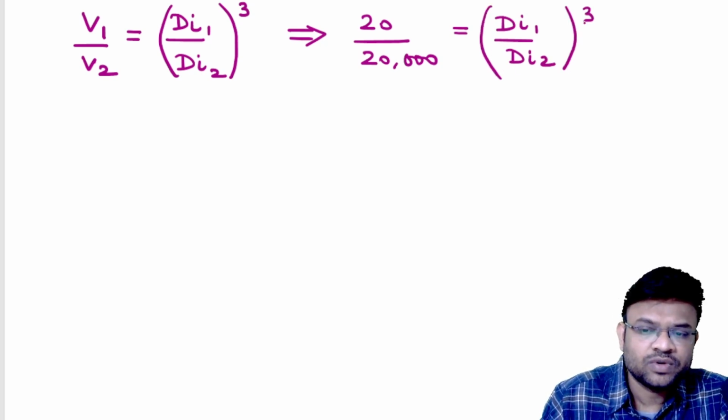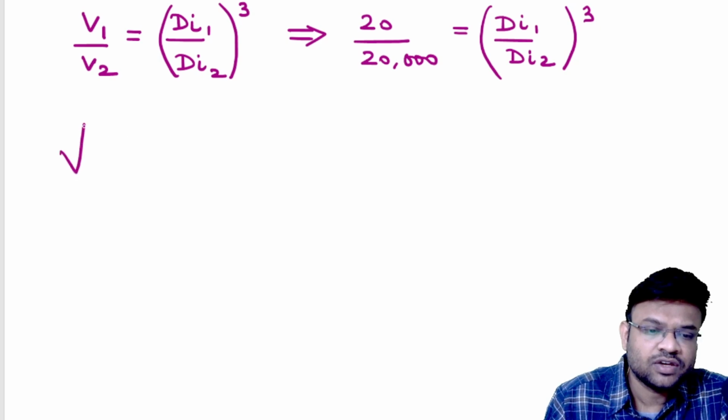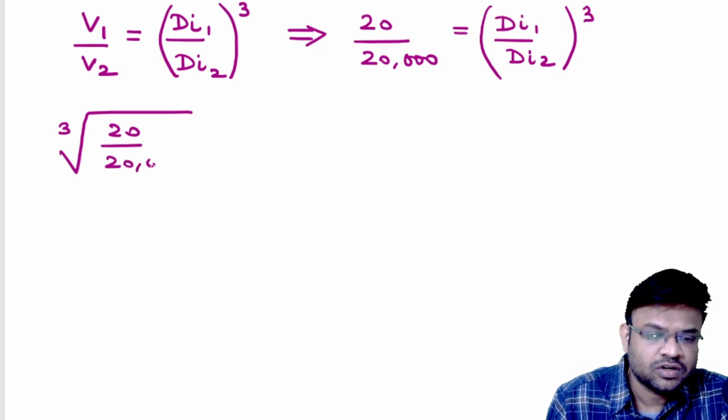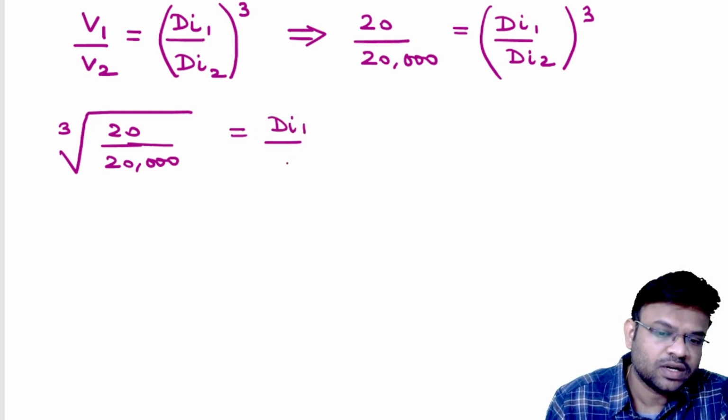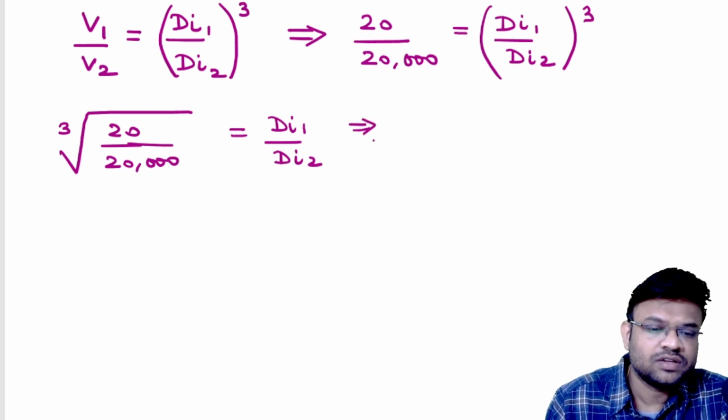Now I can just quickly take the cube root. 20 upon 20,000 would be equal to di1 upon di2, and in this way we can solve this.